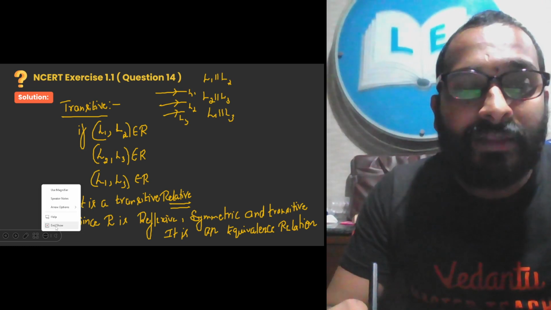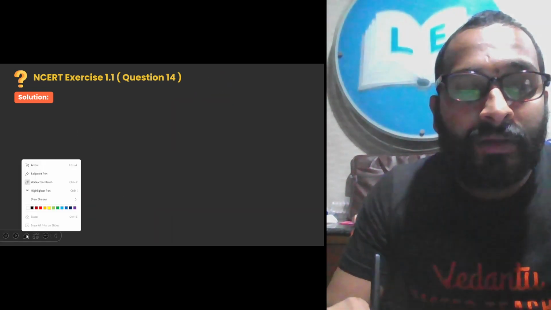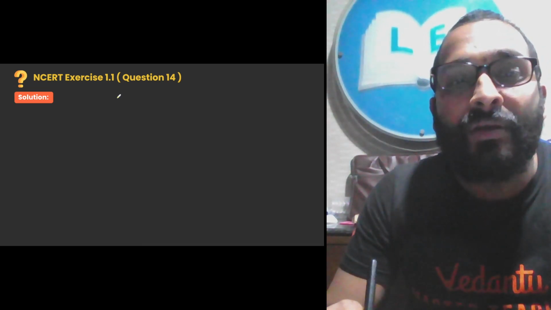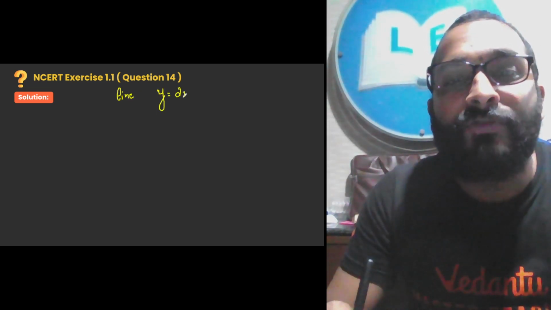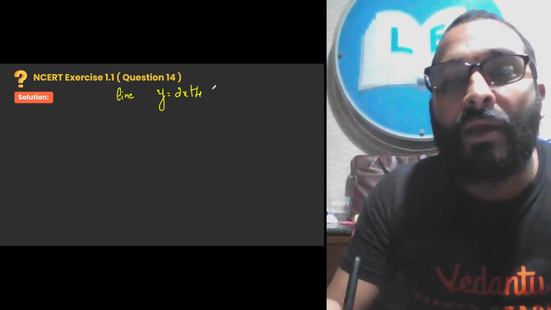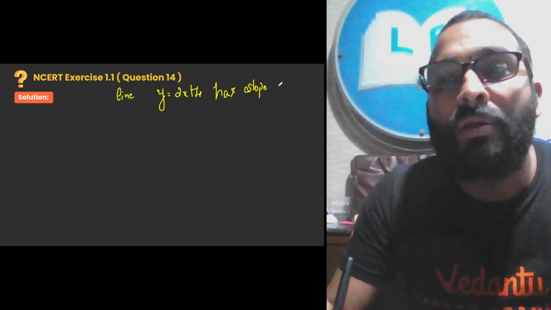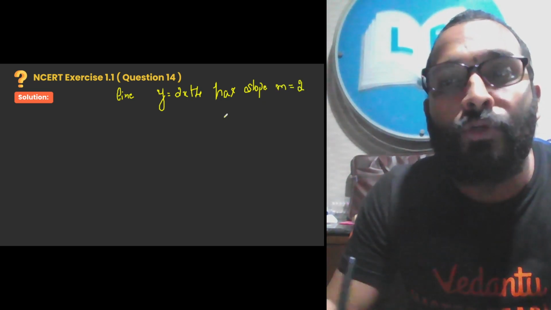If we are proving this relation, or if you are writing about this relation, you can write: line y is equal to 2x plus 4 has slope m is equal to 2.